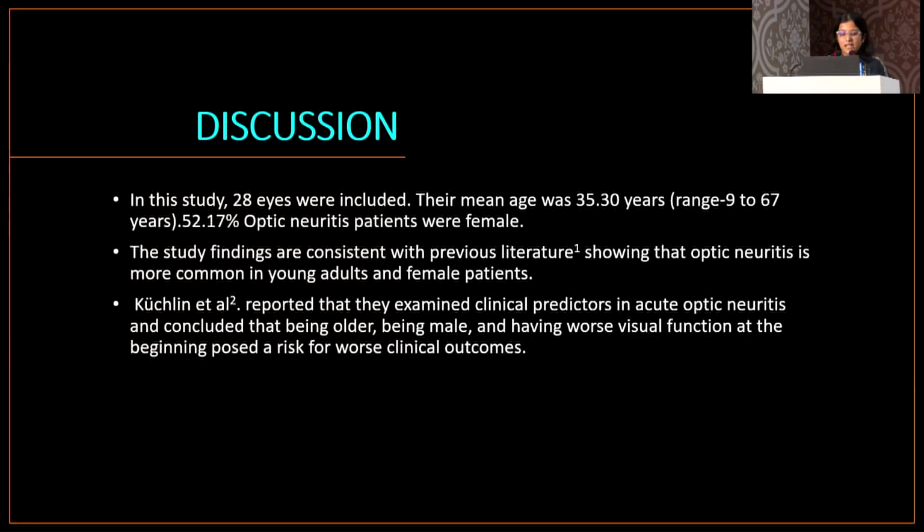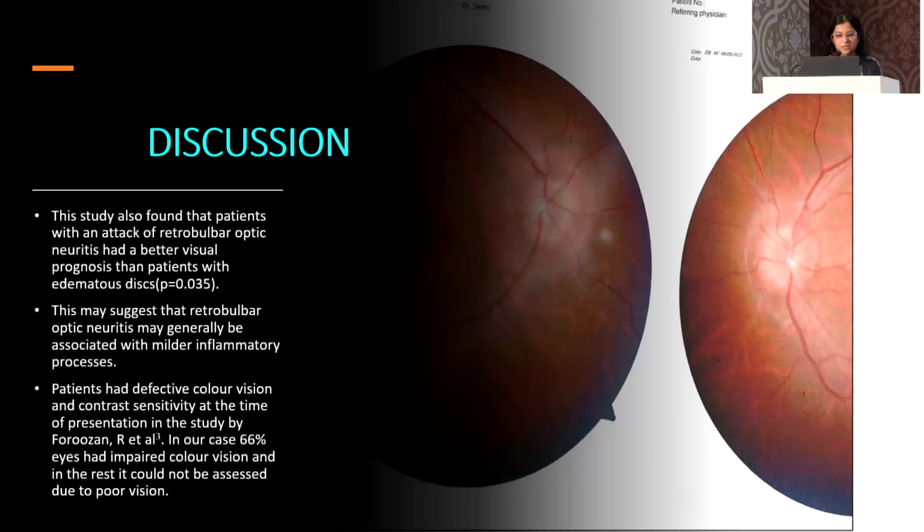The study findings are consistent with the previous literature showing that optic neuritis is more common in young adults and female patients. Kaushik et al. reported that they examined clinical predictors in optic neuritis and concluded that being older, being male, and having worse visual function at the beginning posed a risk for worse clinical outcomes.